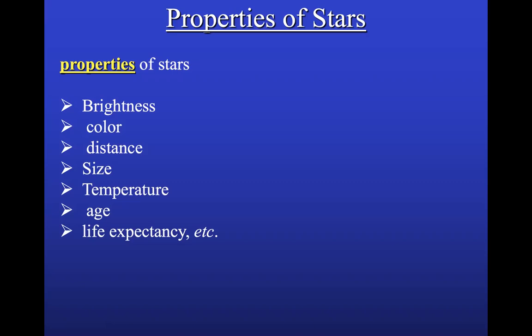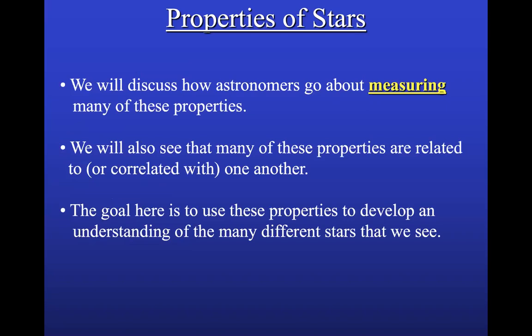Then the size of the star: you can measure how large the star is, and its temperature. Temperature will also depend on which particular time the star is at in its life. And then the age of the star we can predict, and also the life expectancy, like how long this particular star will live before it explodes or is destroyed, right?